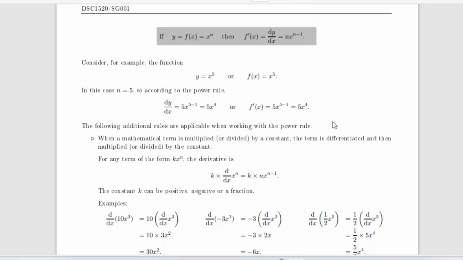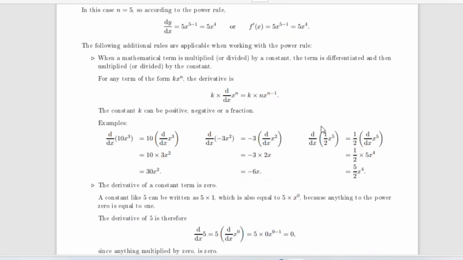The following additional rules are applicable when working with the power rule. They're saying when a mathematical term is multiplied or divided by a constant, the term is differentiated and then multiplied or divided by the constant.